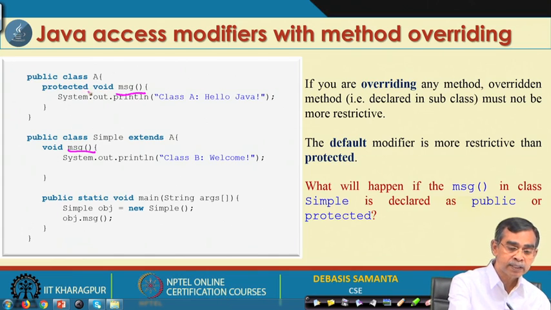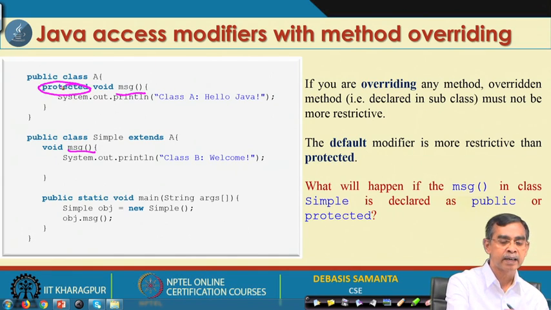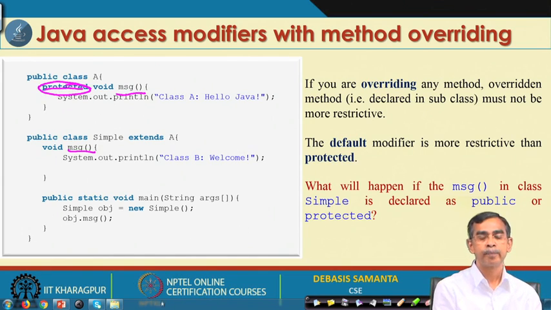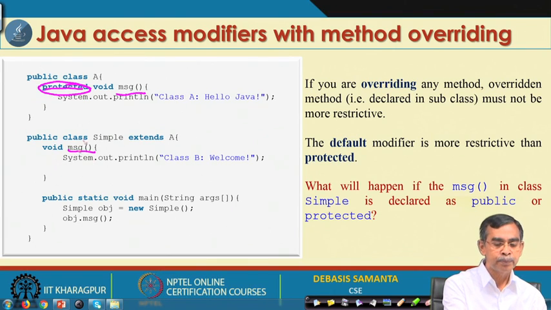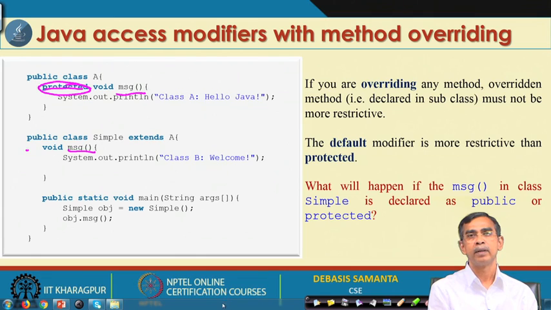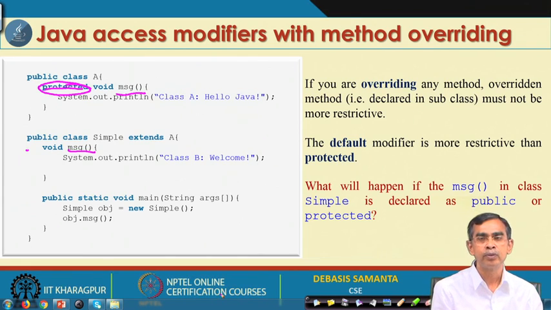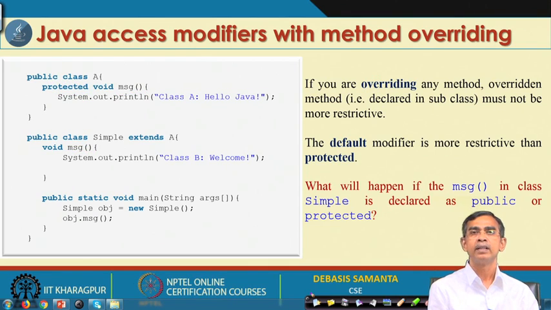But suppose no access specification is there, so it is default, and then you declare it as protected here. The problem is that if it is a default method, you cannot override it as a protected one; it will not allow you to do that. This is stricter in the sense that you cannot do that.